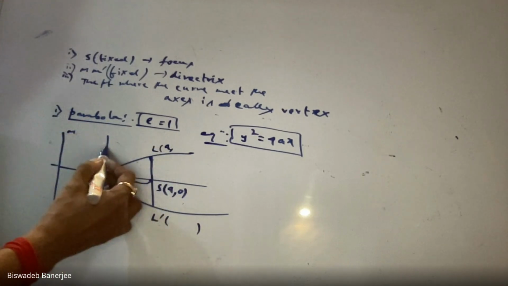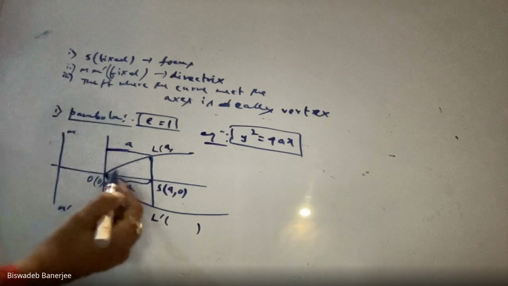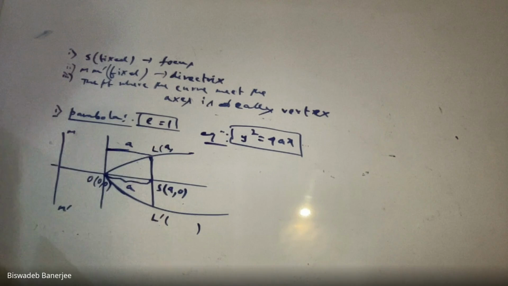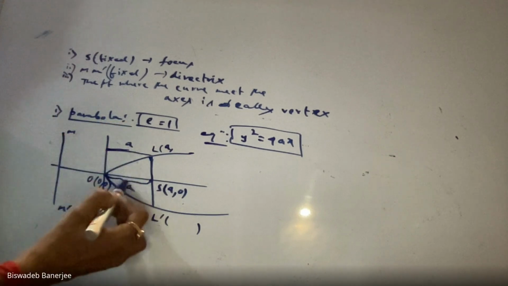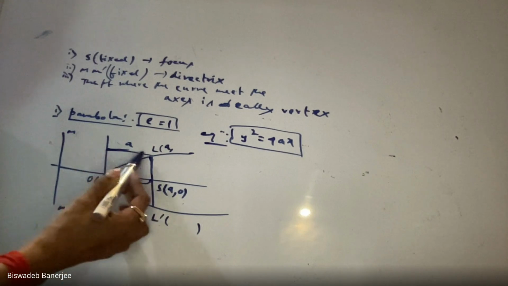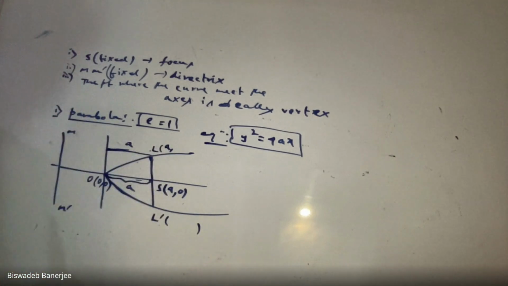Because these lengths are equal. This length is a, and if this is a, this is also a, because these two lines are parallel. So if this length is my a, this length is also a. That means for L, my value of x is a.